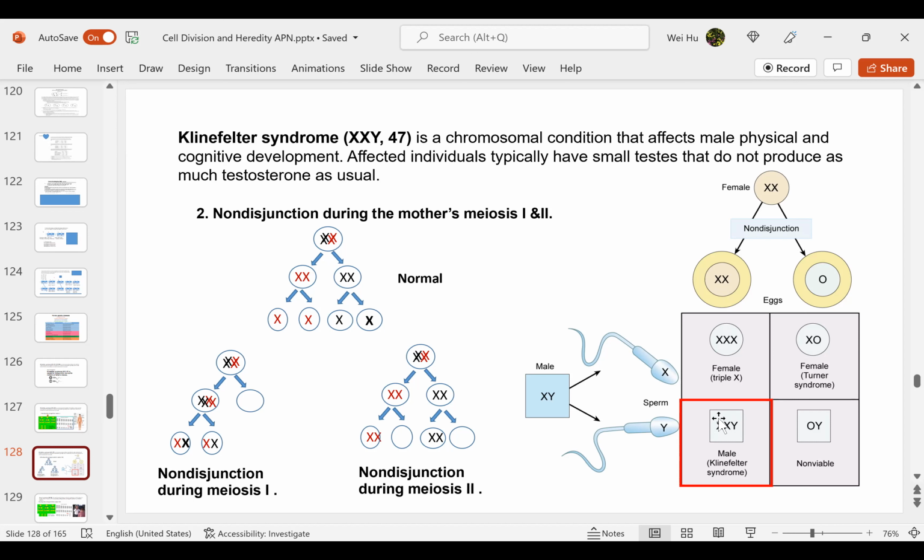You also have this one: in meiosis 2, the chromatids haven't separated, so again you get 2 X, and you still have an XXY man with 47 chromosomes. Sometimes XXXY.